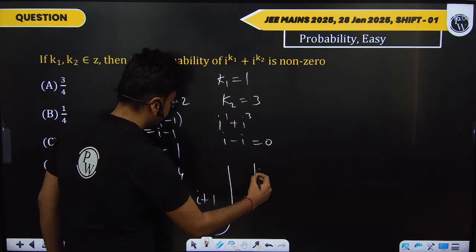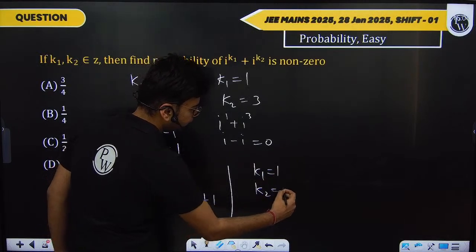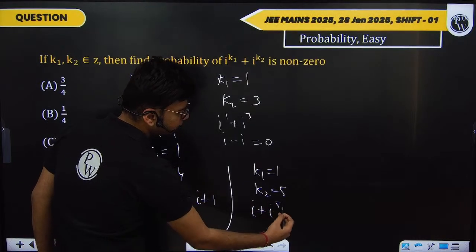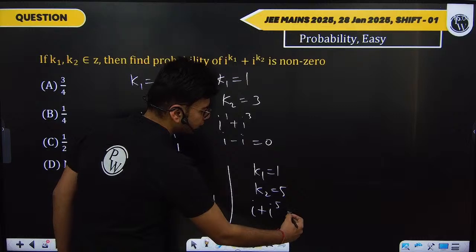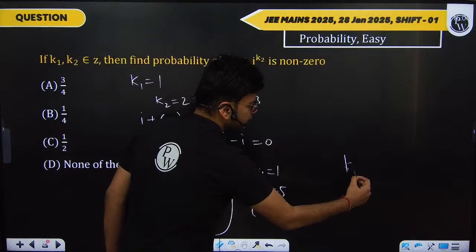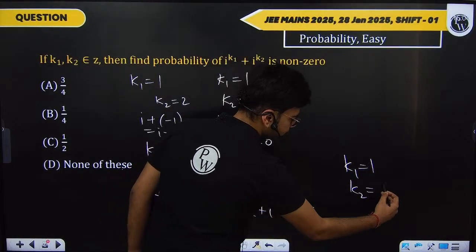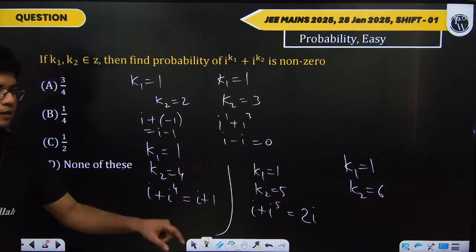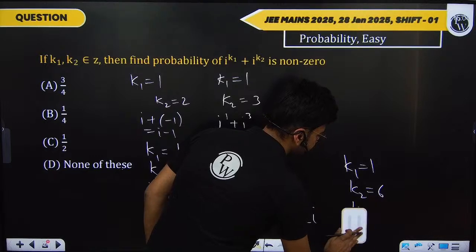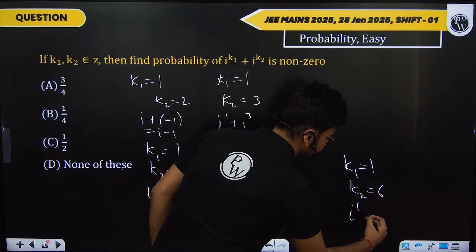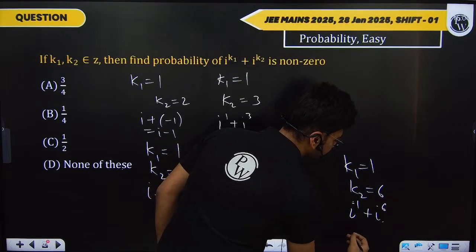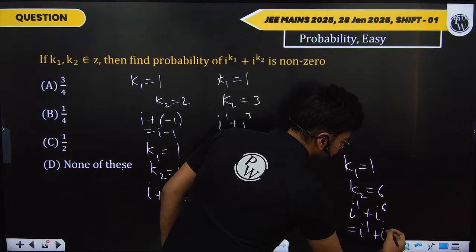If I take K1 as 1 and K2 as 5, what am I getting? Iota plus iota raised to the power 5. Iota raised to the power 5 is iota, so you will get 2 iota. If you take K1 as 1 and K2 as 6, now it will give you the same thing which was here. Iota raised to the power 1 plus iota raised to the power 6, this is as good as iota raised to the power 1 plus iota square.